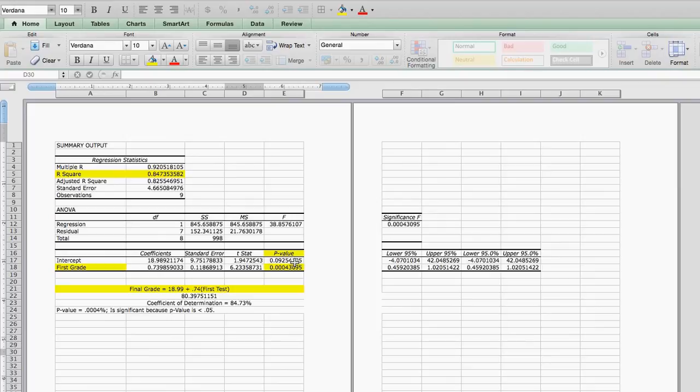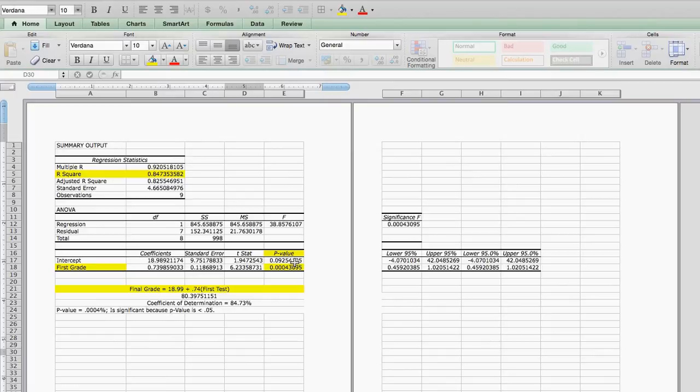And you can see it is. So if we reject the null, we are saying there is a significant relationship, in this problem, between the dependent variable, final grade, and the independent variable, the first test grade. So this is a good equation to use to forecast.